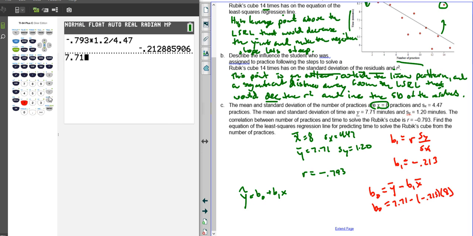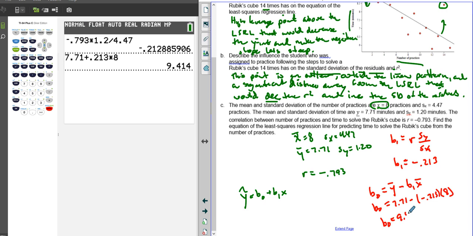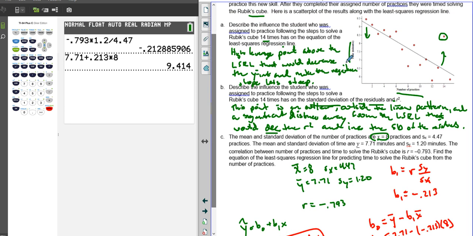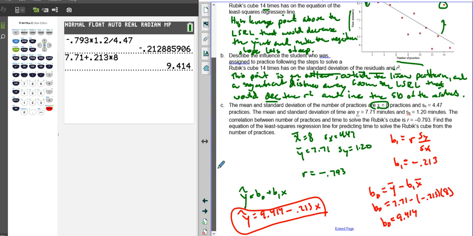The negative makes it positive, so we add 7.71 to 0.213 times 8, and what we get is 9.414. So our least squares regression line is 9.414, that's our y-intercept, plus our slope, which is negative 0.213 x. We can check that out. Yeah, that seems all right. And that's how we do it.